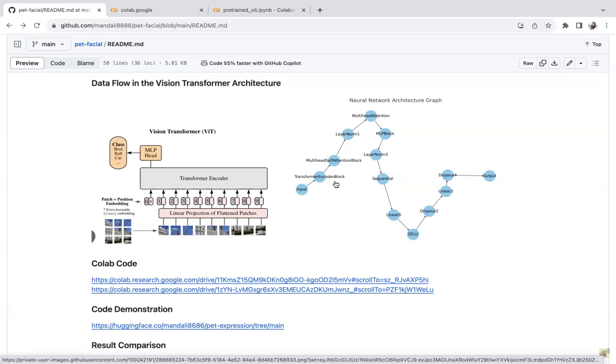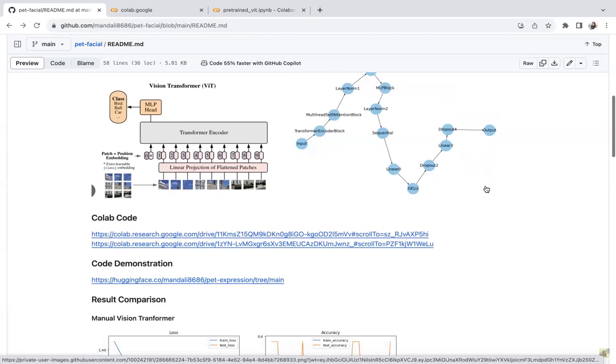I have a transformer encoder with a multi-head self-attention block, followed by a layer norm, and another multi-head attention with an MLP block, followed by a normal layer. Then a sequential part comes to the GELU, softmax, and gets to the end.